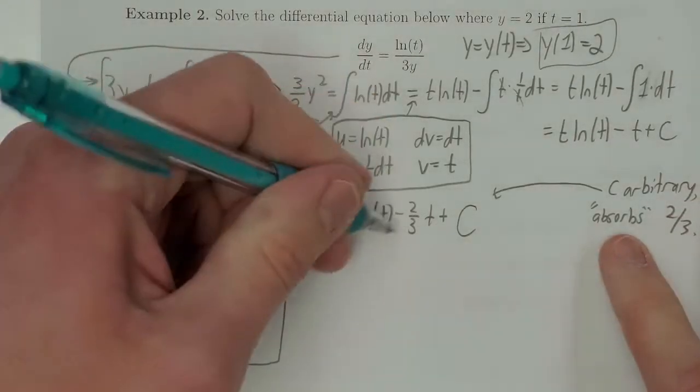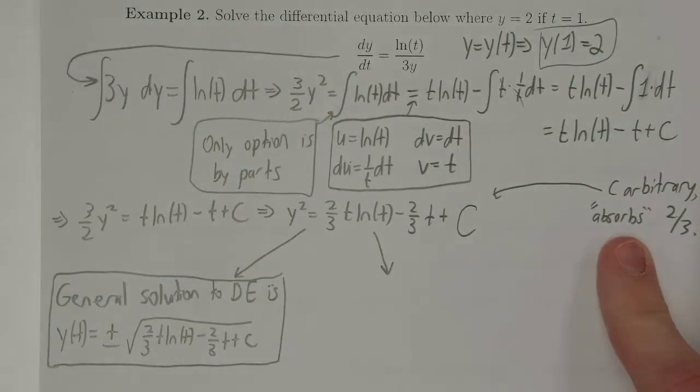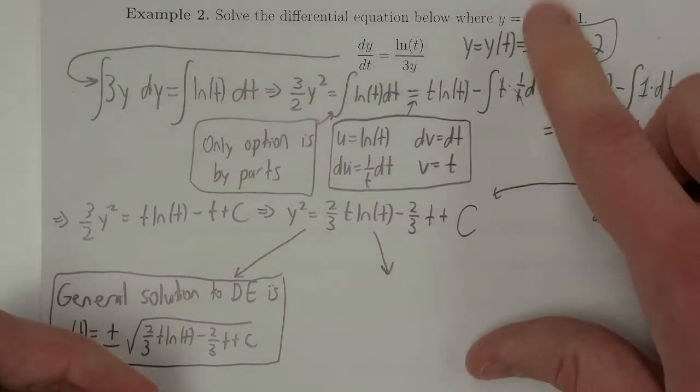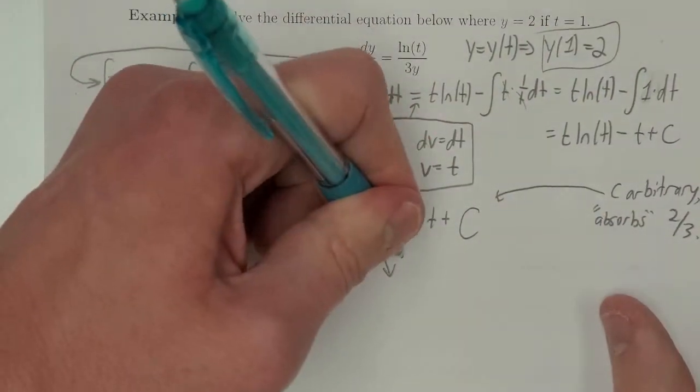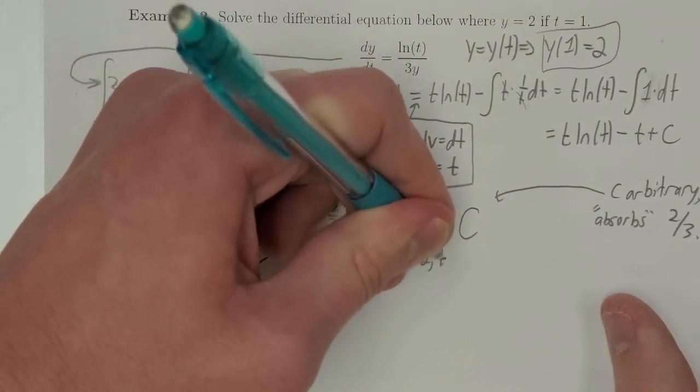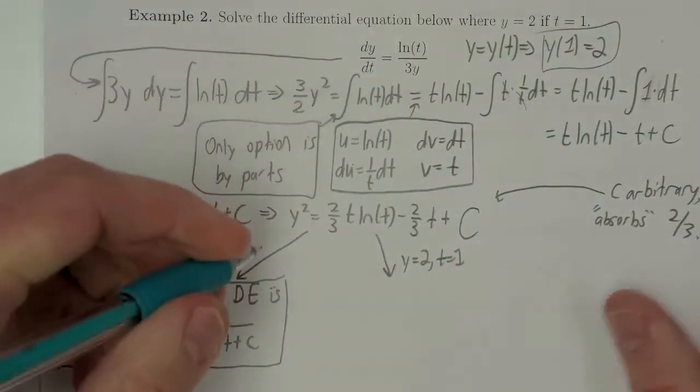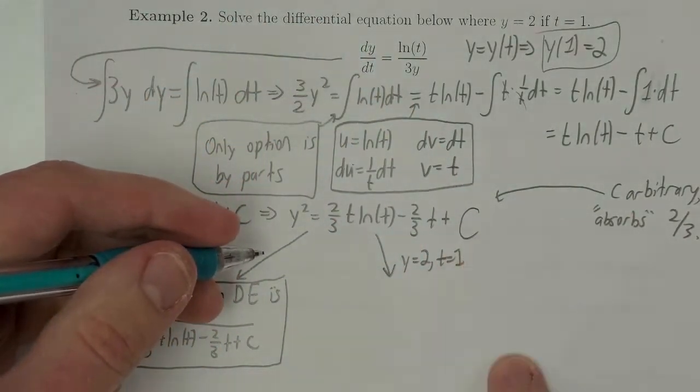Now let's figure out the particular solution. We're going to use our data here. If y equals 2 and t equals 1, let's see what C is.